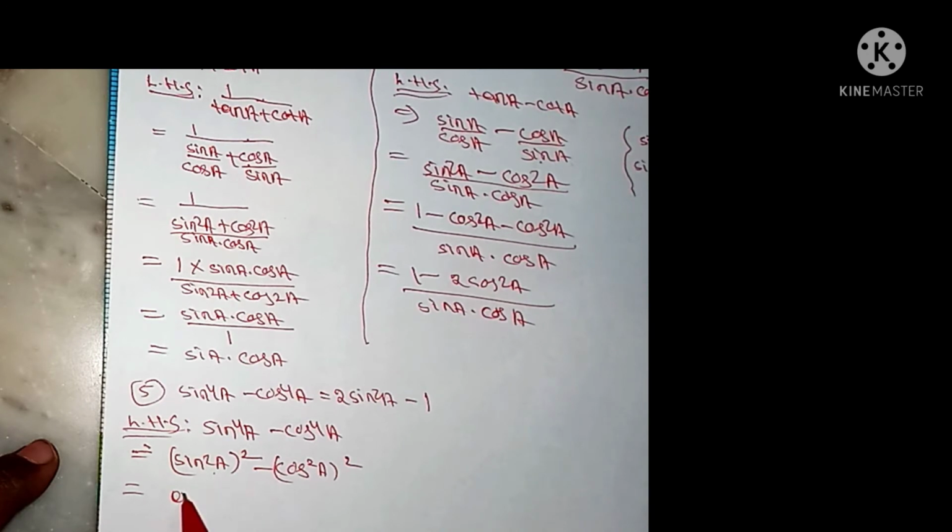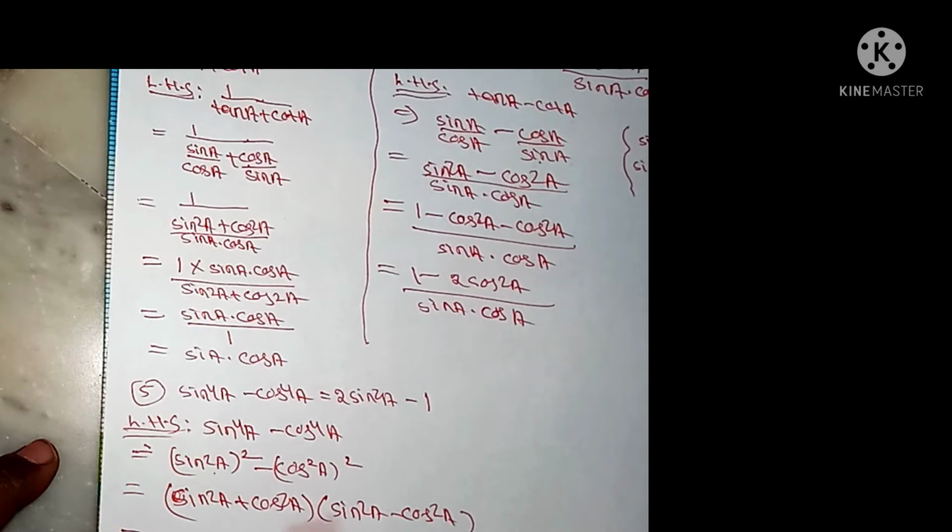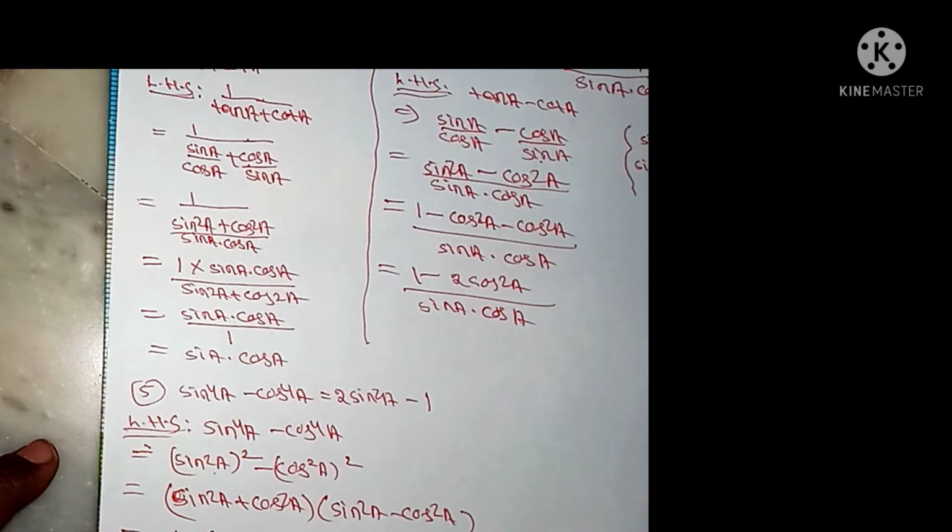So this one is sin square A plus cos square A whole into sin square A minus cos square A. Use the identity: sin square A plus cos square A is equal to 1, into the rest, sin square A minus cos square A. On the right side, 2 sin square A minus 1.